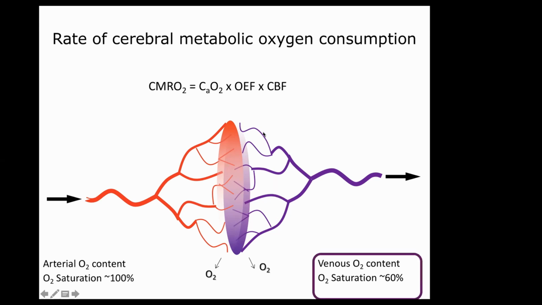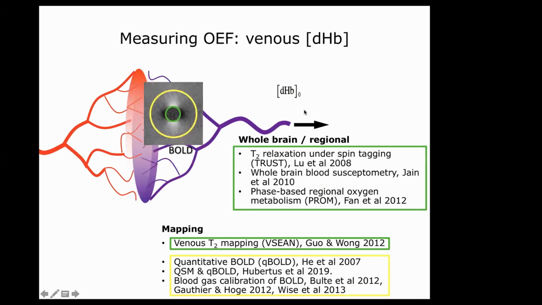We can measure the concentration of oxygen in arterial blood fairly easily either through pulse oximetry measurements or direct blood gas measurements, or even inferring it from measurements of expired oxygen from the lungs. Blood flow, we have a number of ways of measuring using MRI, as you know, one of them mapping techniques being arterial spin labeling, but oxygen extraction fraction is the challenging one which we're focusing on today.